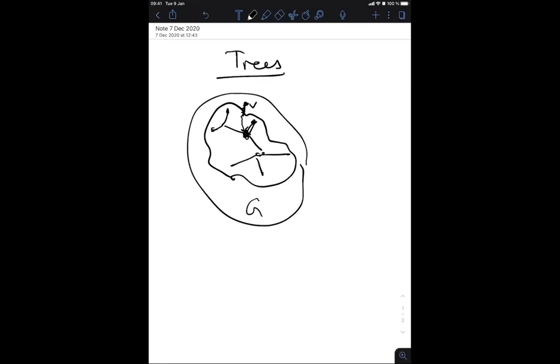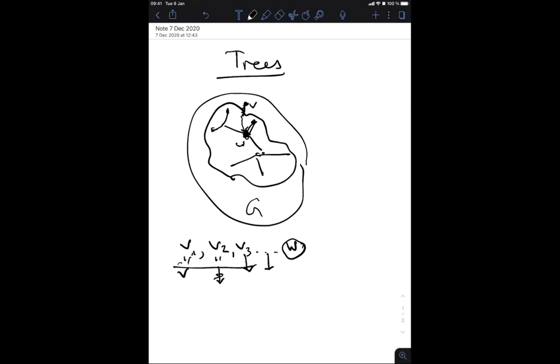So we're looking at this path V1, which is V, then V2, V3, and so on, until it goes to W, which is an element of our tree. So we're looking at the first vertex which is a vertex of our tree.